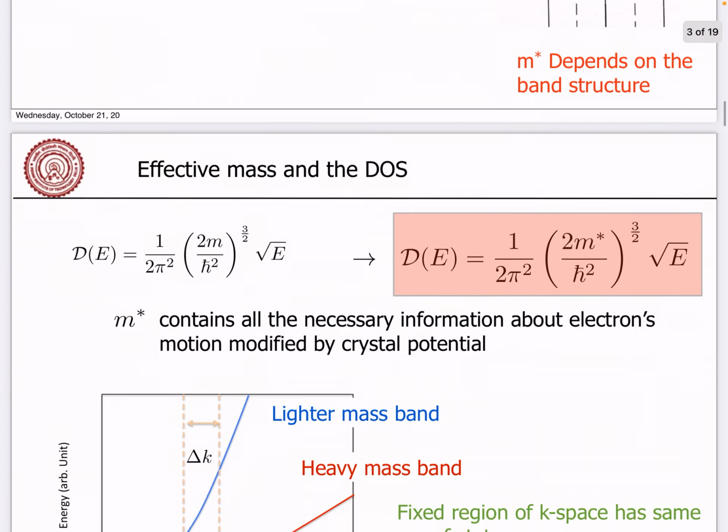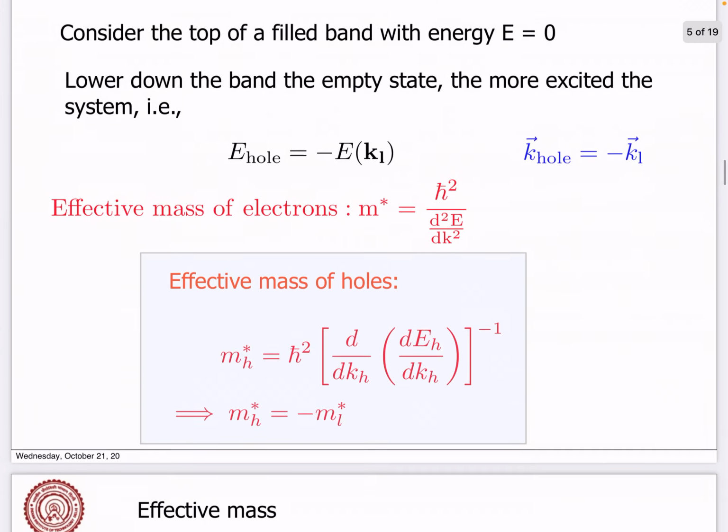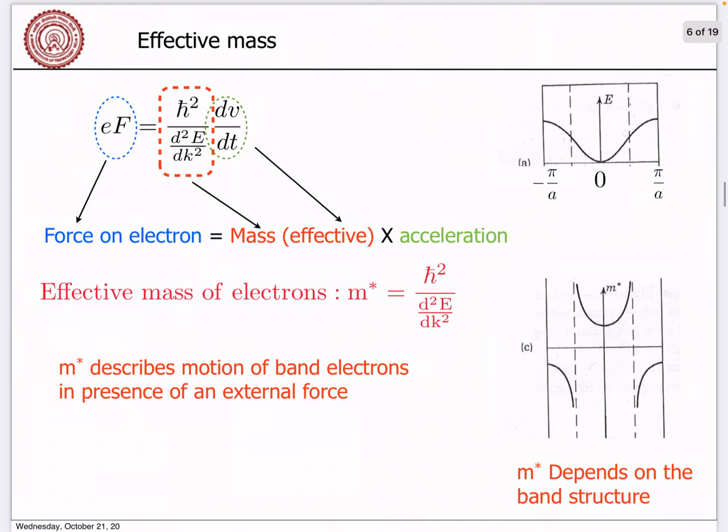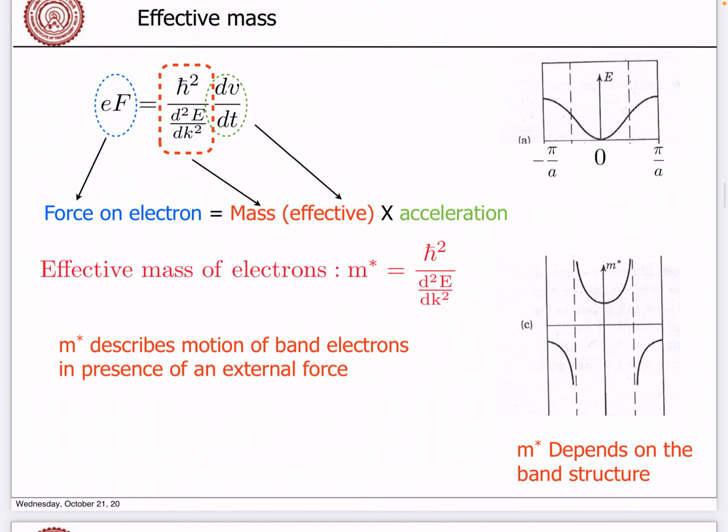So let me come back to this. After we define the effective mass of electrons and holes, I see, sorry, we have this slide here. So that's how we understand the effective mass of electrons and of holes. From this lower picture, we see that the electrons are in the lower part of the band and holes are in the upper part of the band, right?